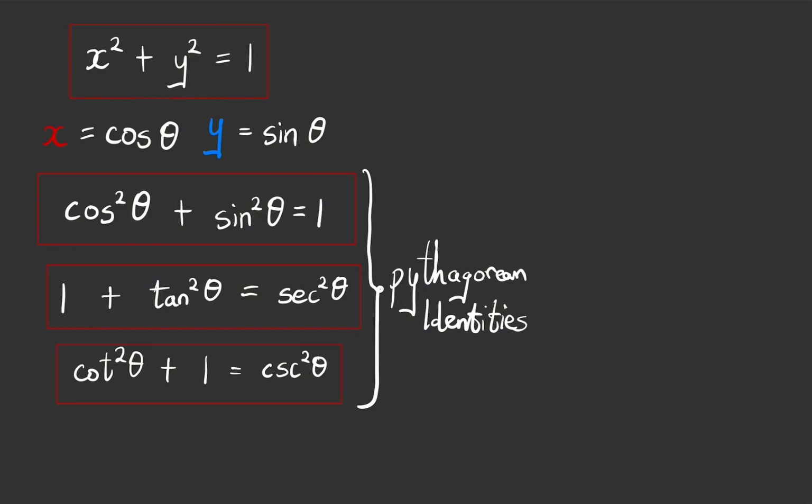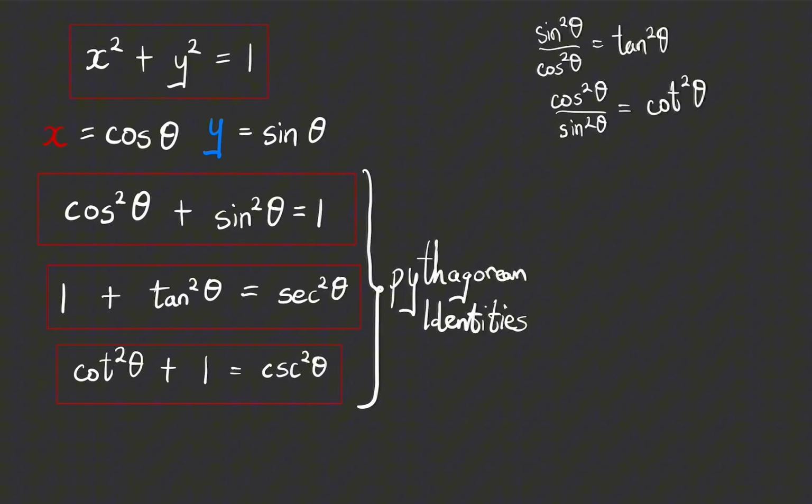And we've been able to see some key concepts here, such that sine squared theta divided by cosine squared theta equals tan squared theta, cosine squared theta divided by sine squared theta equals cotangent squared theta.